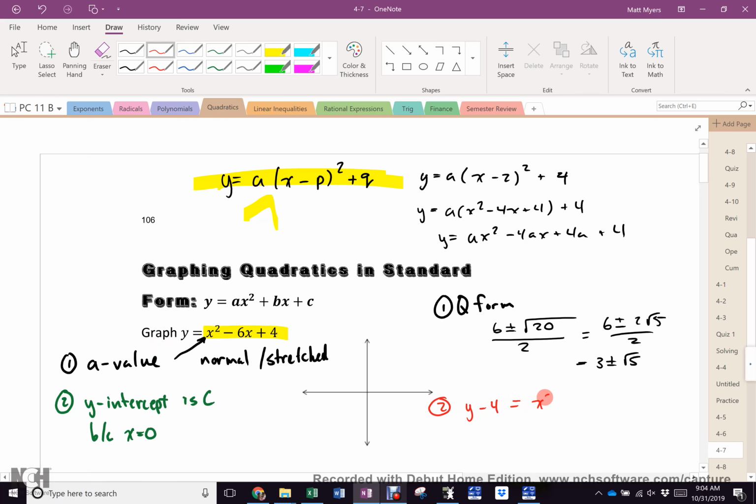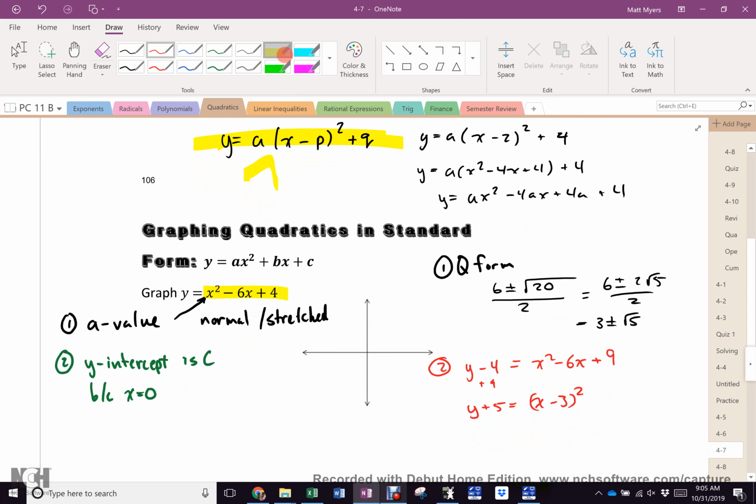Equals x squared minus 6x plus what? 9. So I've added 9 here. So what do I add here? So now I have y plus 5 equals x minus 3 squared. Yes? Now what would happen if I took that and moved it back there?